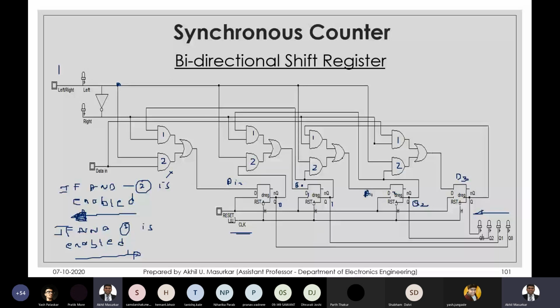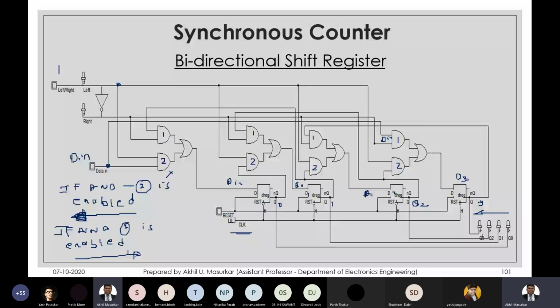what happens here is that this data input, you can see here, initially everything is 0. This is my data input, and if you trace it, it goes to this AND gate. So I get D in here also, and that same D in is also given to one of the AND gates here. D in goes to D3, which will give me Q3.